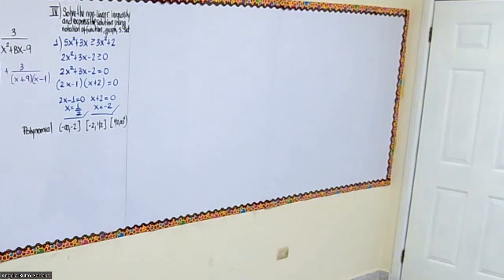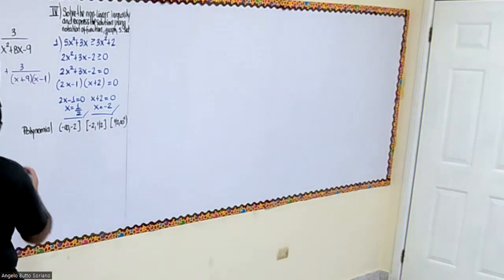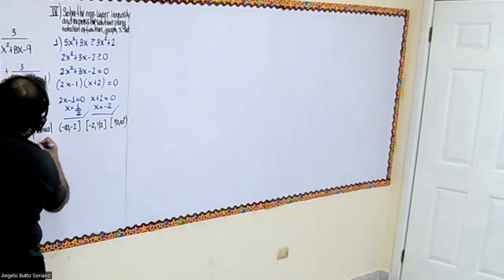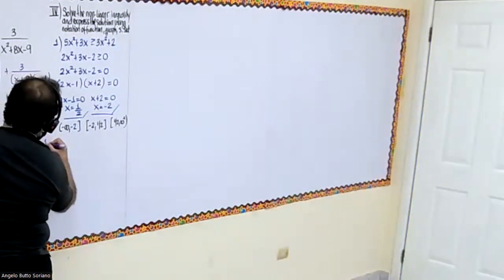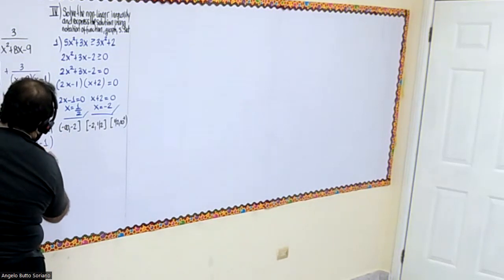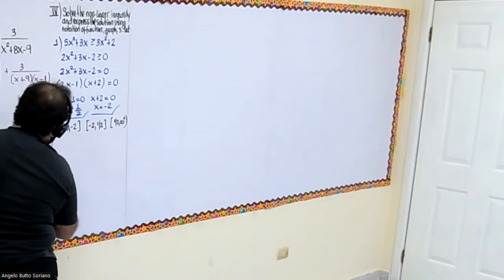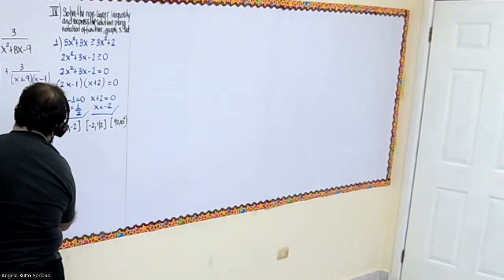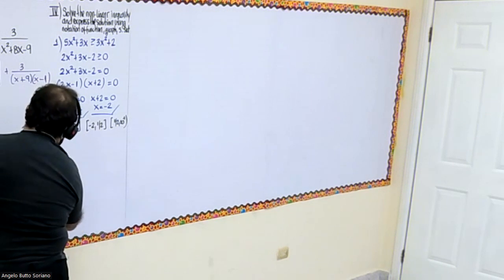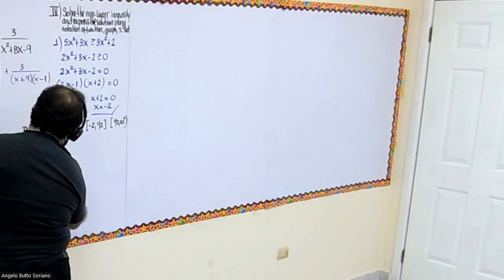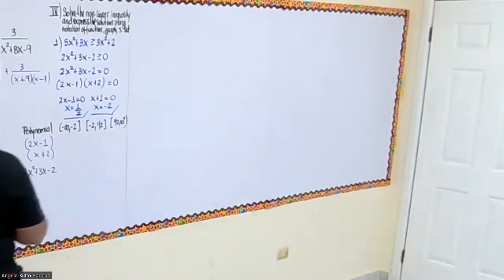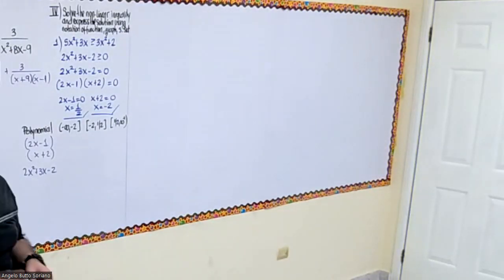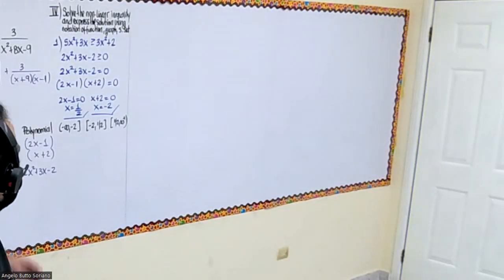What are the values of the polynomial? Remember, the polynomial has the factors 2x minus 1, x plus 2, and the product between them, which will be equal to 2x squared plus 3x minus 2, okay? And now we are supposed to choose one value.